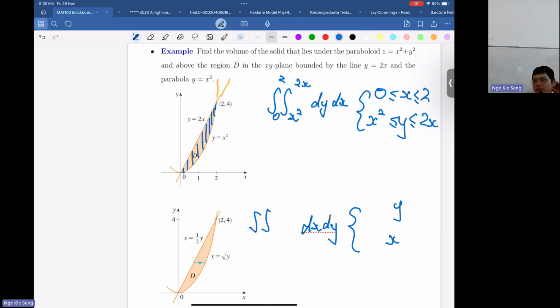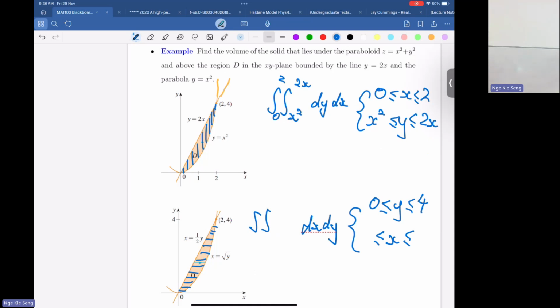If you want to do dx dy, what do you need to do? You fix your y first. y is going from where to where? 0 to 4. Now you need to fix your x with respect to y. If I move in y, x is also bounded by these two curves.